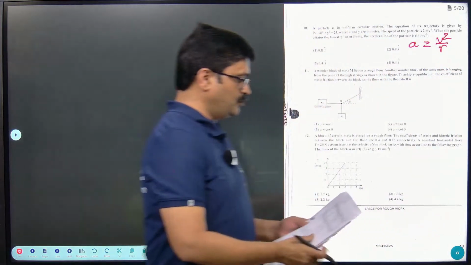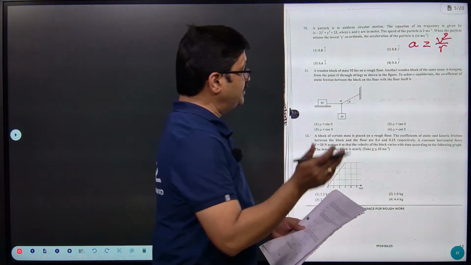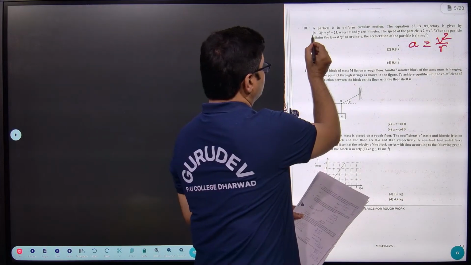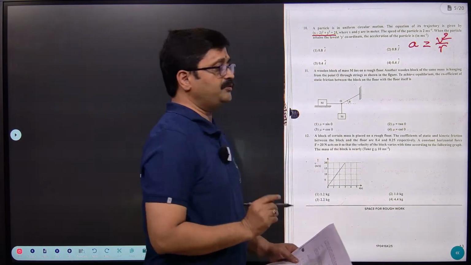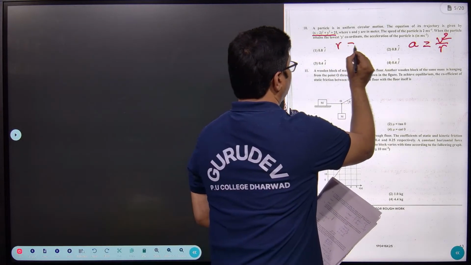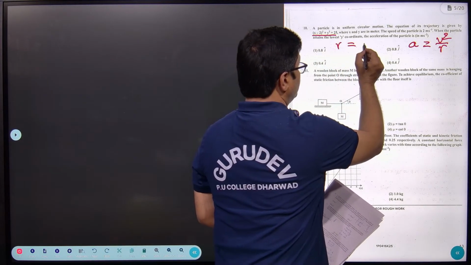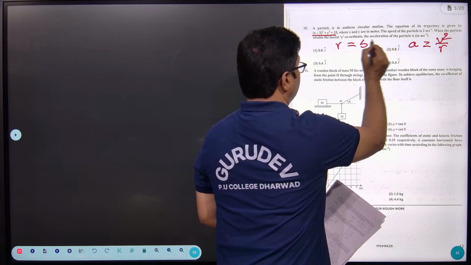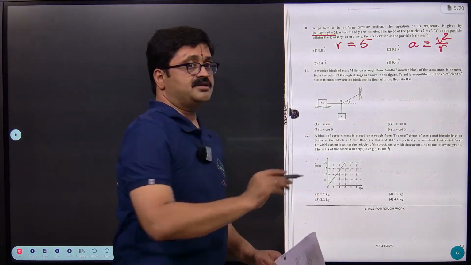According to the given parameters, the equation is x minus 2 whole square plus y square is equal to 25. Here r is equal to the square root of 25, that is 5, because this given equation is the equation of a circle.